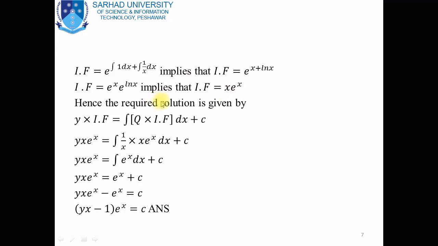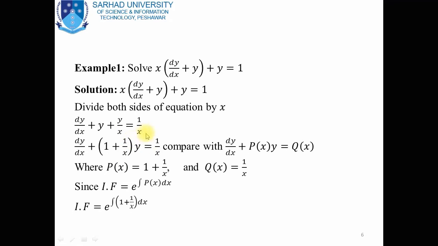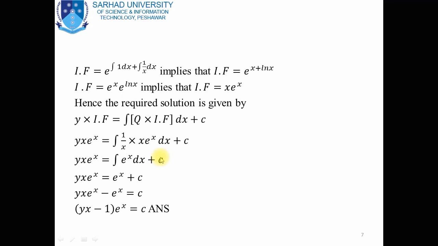Now to find the solution of the given differential equation, the dependent variable y multiplied by the integral factor is equal to the integration of the product of the q function and the integral factor. In this equation, this is the q function, 1/x, multiplied by the integral factor. Now x and x cancel, so the integration of the exponential function is e^x plus c.